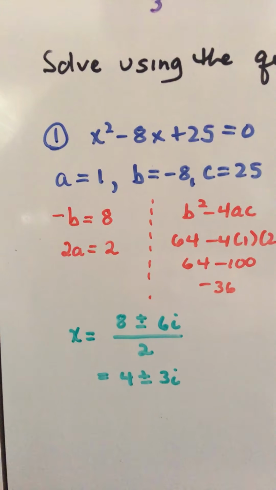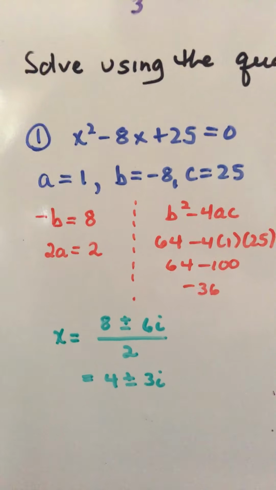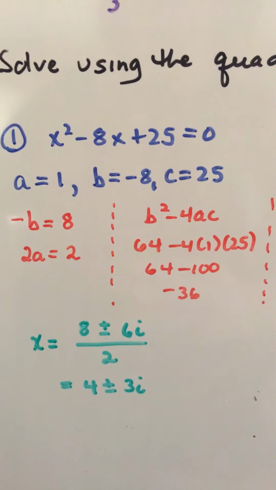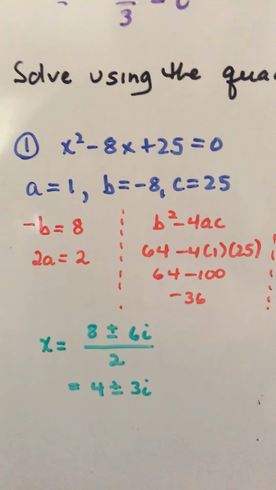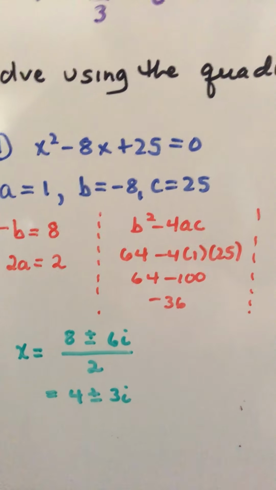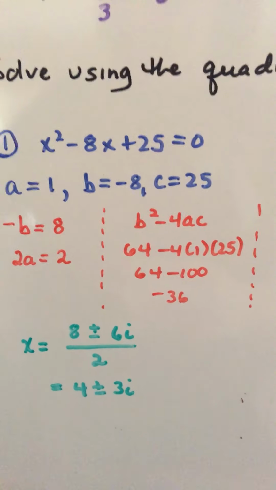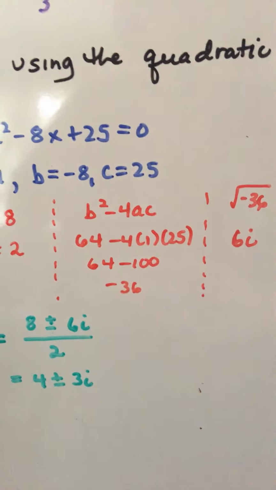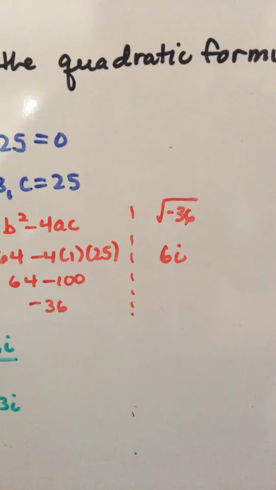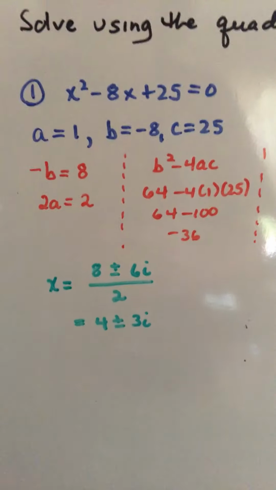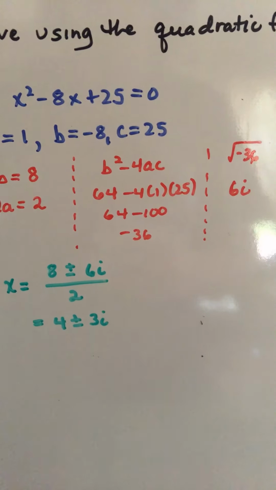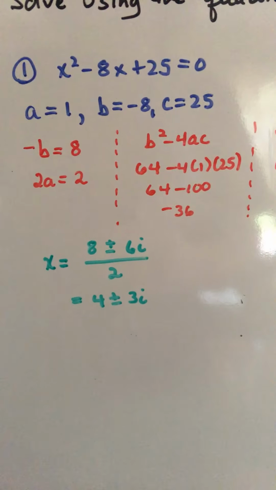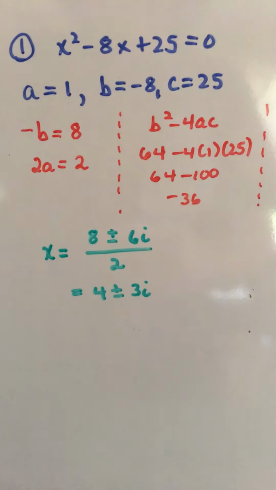I found my negative b and my 2a, because I know the quadratic formula is negative b plus or minus the square root of the quantity, b squared minus 4ac, all over 2a. So I found my b squared minus 4ac. I found my square root, and I plug in my negative b plus or minus my square root all over my 2a, and I simplify to get 4 plus or minus 3i.